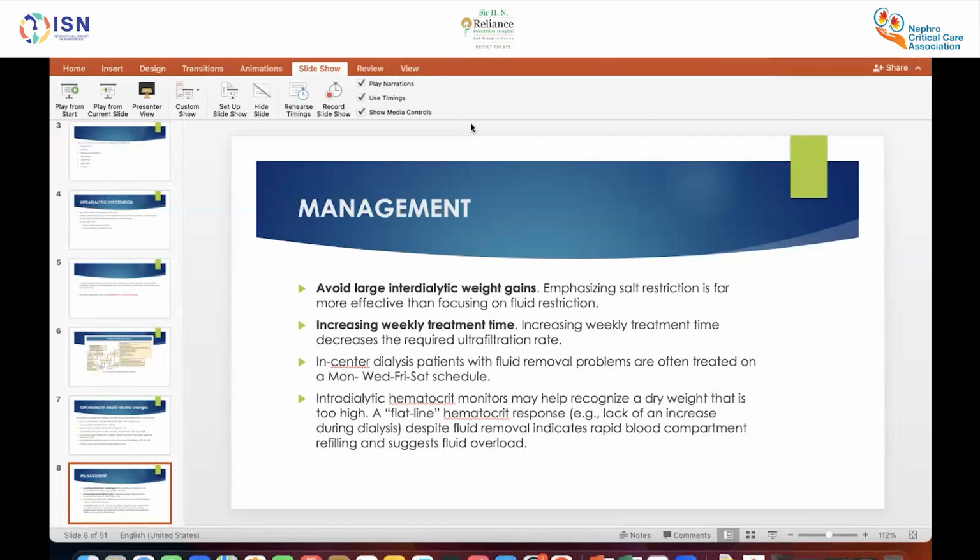In using hematocrit monitors, however, I still feel that in the acute care setting it is much more important, when we cannot weigh the patient, especially patients on a ventilator with so much fluid and resuscitation done, and we don't know how much fluid removal is required or what the appropriate rate is.